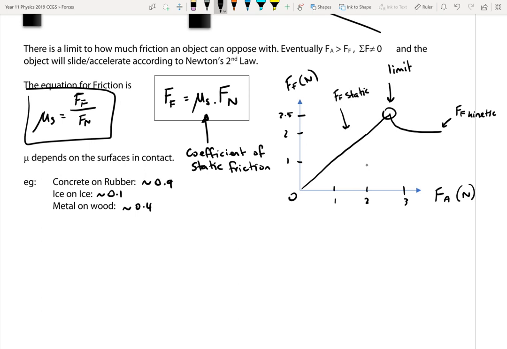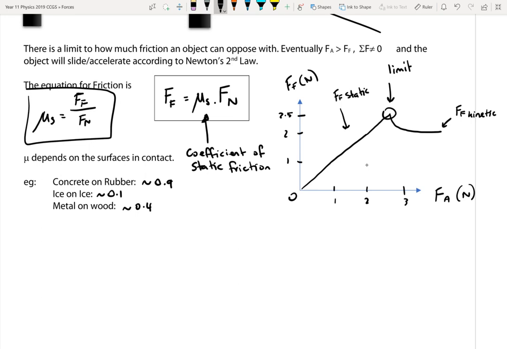It'll get up to a maximum, say 2.5, and then as it starts sliding, you'll notice that it drops slightly. So have a think back to when an object is stationary: all of the cracks and crevices are sitting in each other. Once it starts moving, they rise up, and now they're just drifting over each other. They don't have the time to sink back down. That's the best example to explain why the static friction might be 2.5, but once I get that box sliding, the kinetic friction while it's moving might drop down to 2.